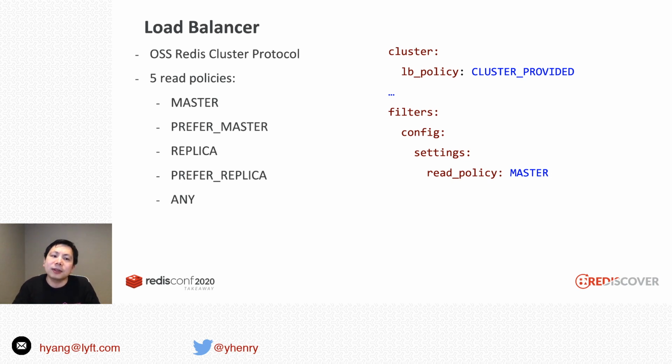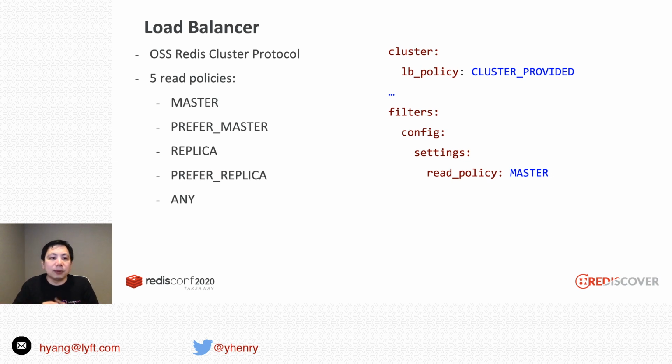The preferred master read policy is different from master in that preferred master would send all the read requests to the master node as long as the master is healthy. However, if the master is degraded and there is a healthy replica, then we'll send the request to the replica. And this is very useful when the master node fails.